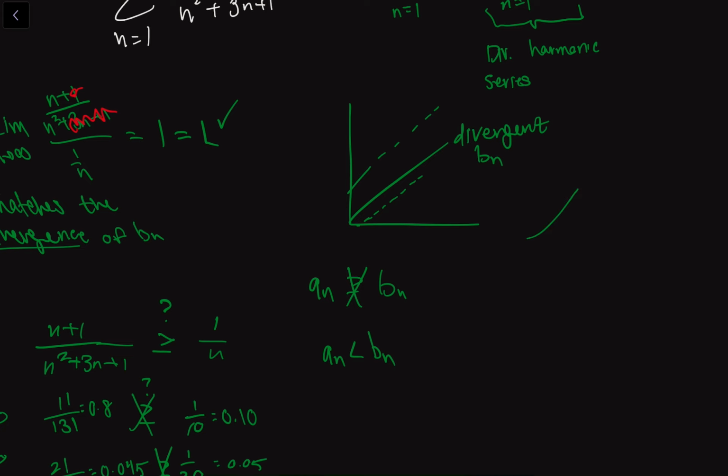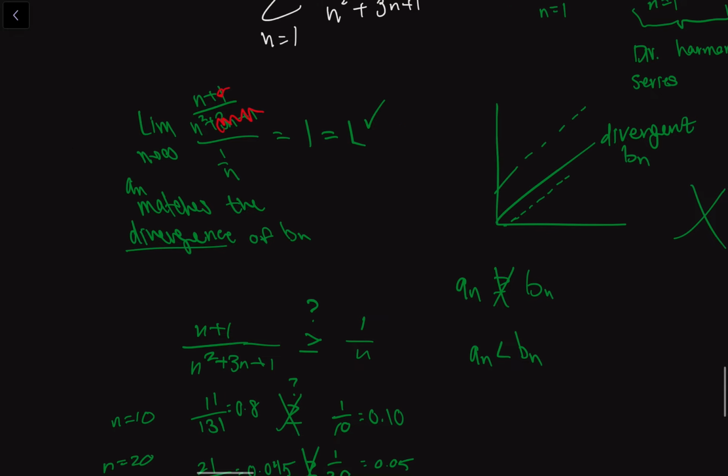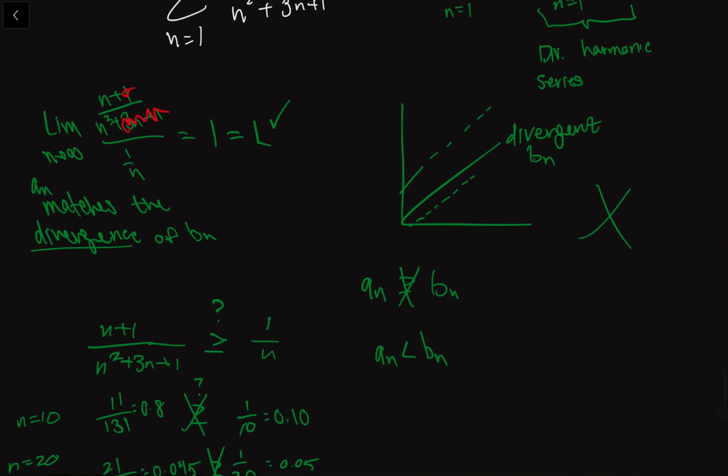So we cannot use the direct comparison test. It is not a meaningful comparison. We already know that it diverges, though, from the limit test, and we saw how much easier the limit test was to do, so I always suggest starting with the limit test, or the limit comparison test. But basically what happens is, even though a sub n is less than b sub n, we already proved its divergence, so it will diverge, but by the direct comparison test, we don't know if it will just converge.